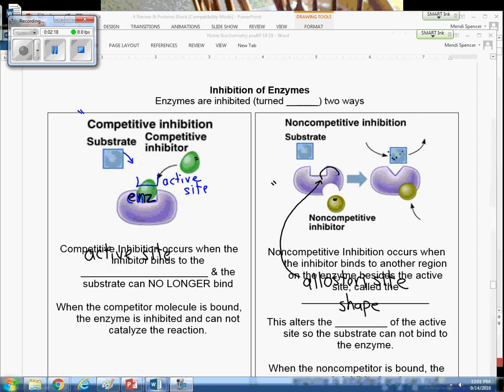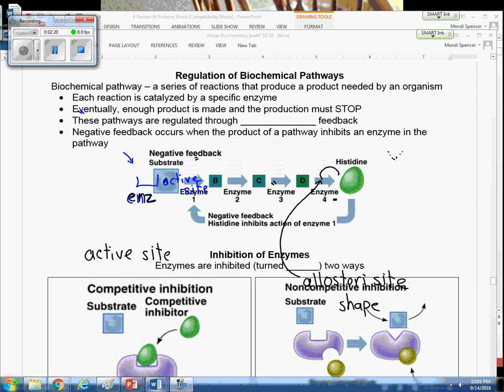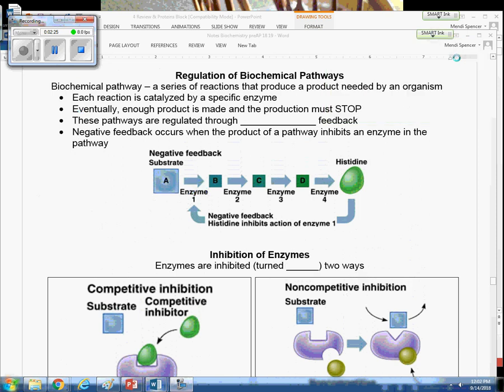Now I'm going to go back to the top of this, and we're going to relate that to what we call a biochemical pathway. When you're making a molecule, usually it doesn't occur with just one enzyme and one step. Sometimes it does, but sometimes it takes many enzymes to convert A to B, another one to convert B to C, another one to take C and turn it to D, and then finally we get our product.